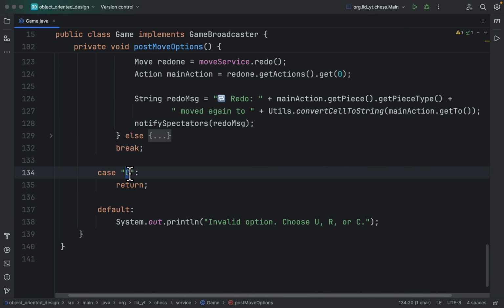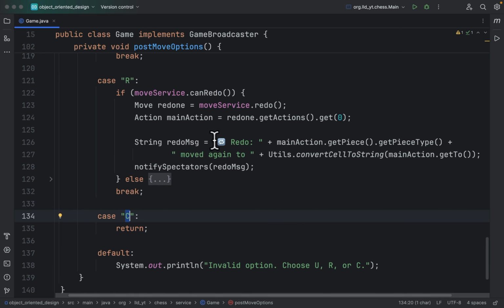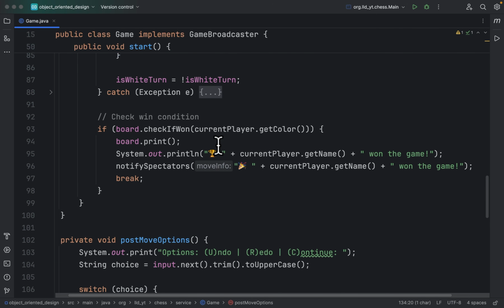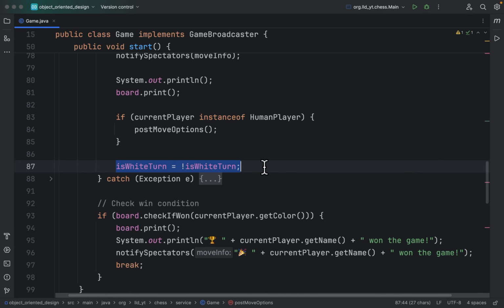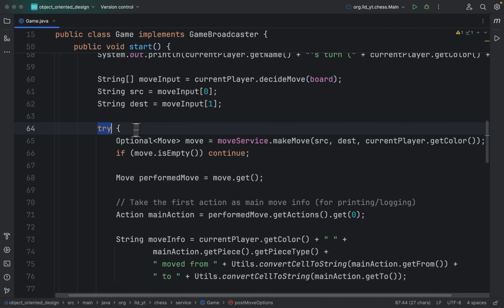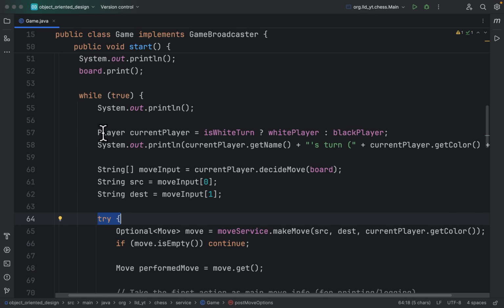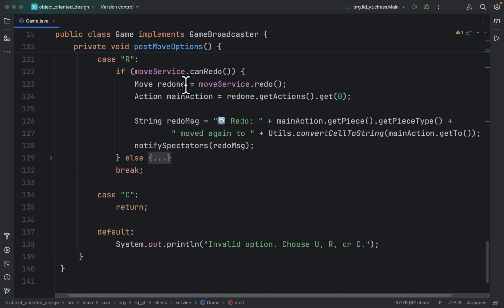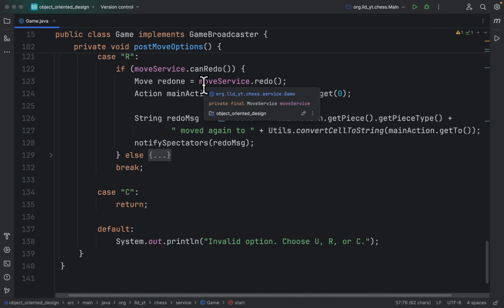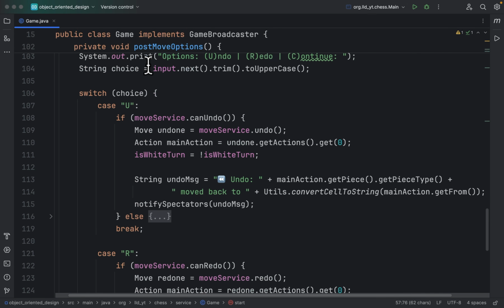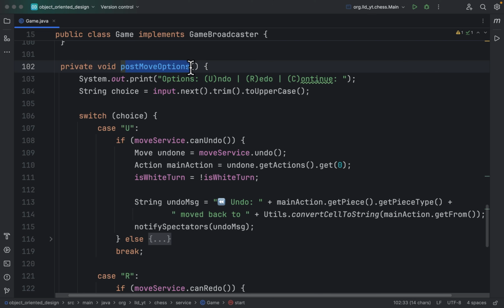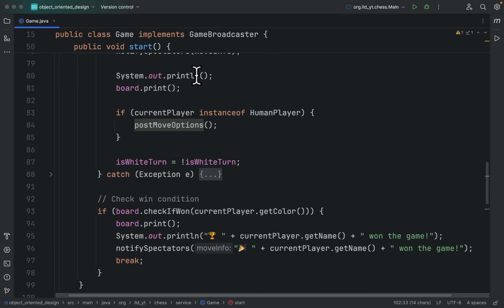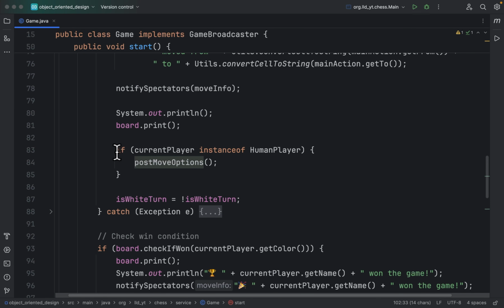And if we select continue, then obviously we don't have to perform any other operation because here this variable will be flipped and the other player will get the chance. So these were the move options which we would have after each and every step, and these options are only available to the human player and not other players like the computer.